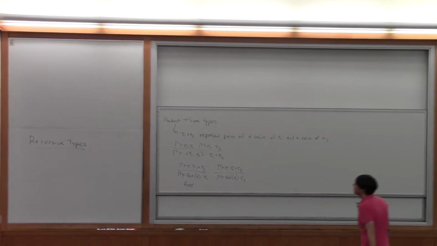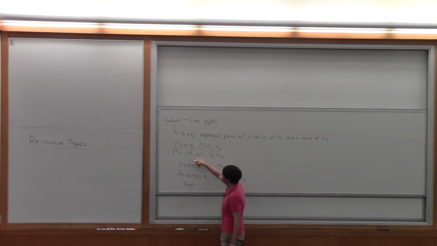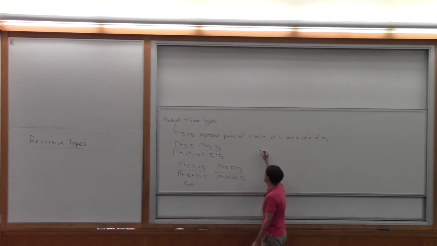So the idea is to make an element of a pair type, you give two things. To use an element of a pair type, one way to do it is to say that, well, if I have something that will reduce to a pair, then I can take its first projection, I can take its second projection.